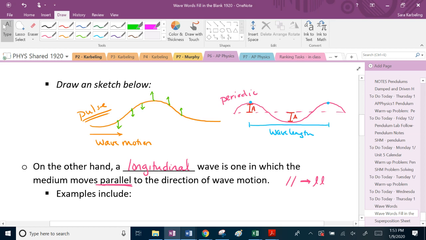Okay. One more piece here that we're going to add. These places that are up high are often called crests. The crest of the wave. And the place that's down low is sometimes called the trough.